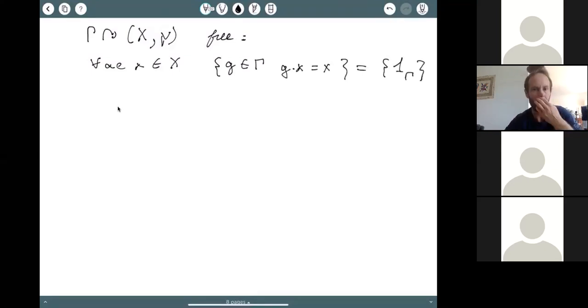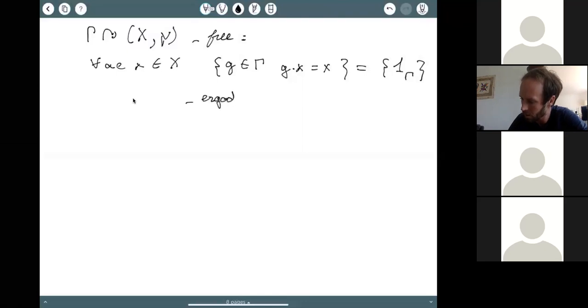Okay, so that's almost the same as saying that the action is free, except that it's essentially free in the sense of the measure. Okay, and another condition that I didn't write down, but that's going to be often in the assumptions is ergodicity.